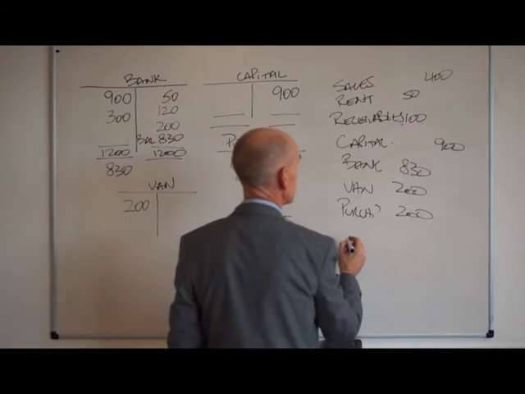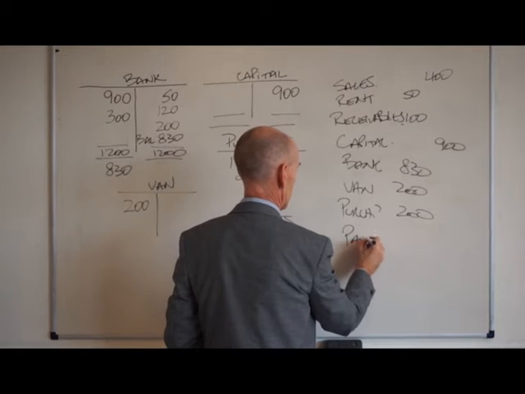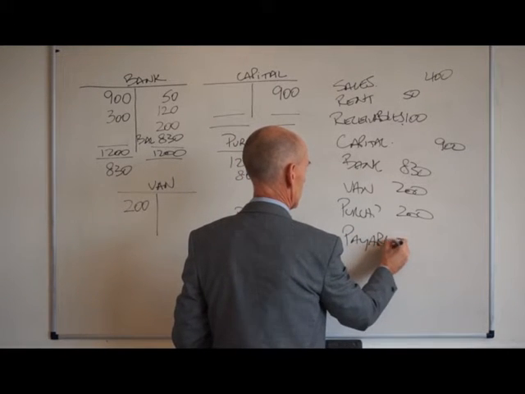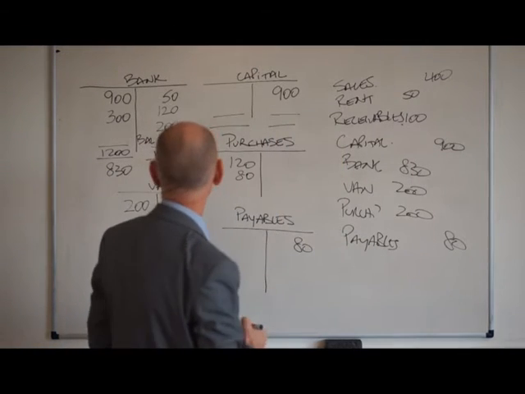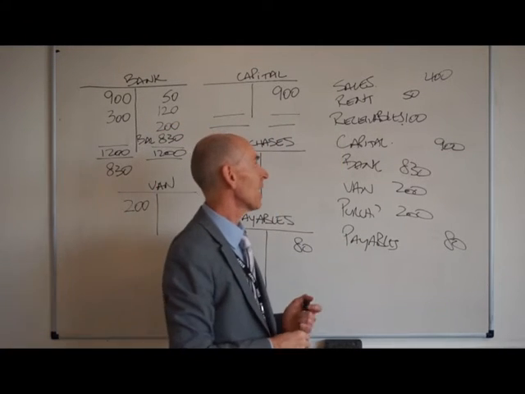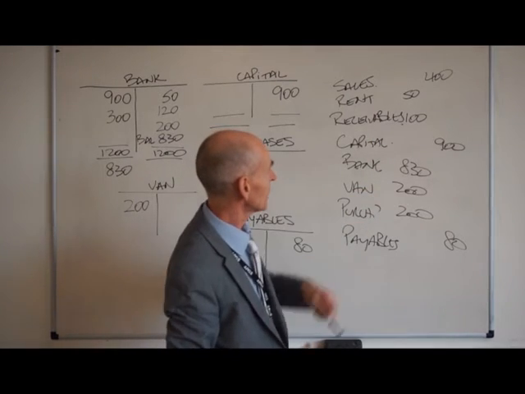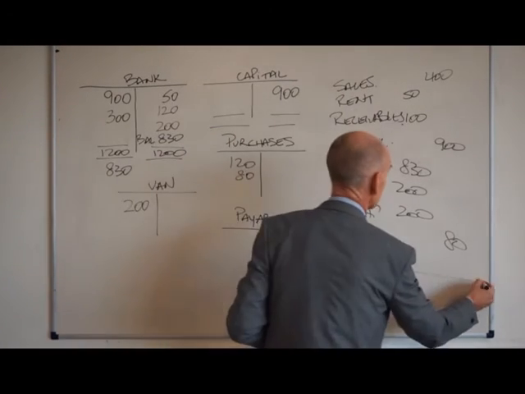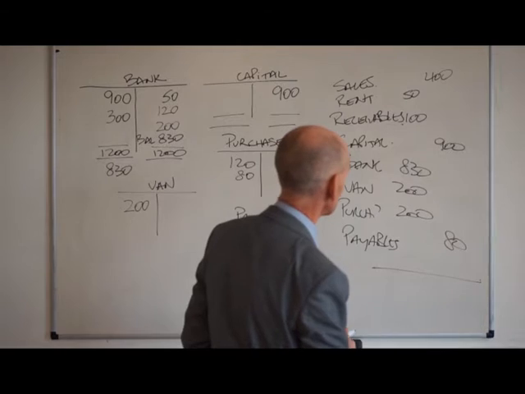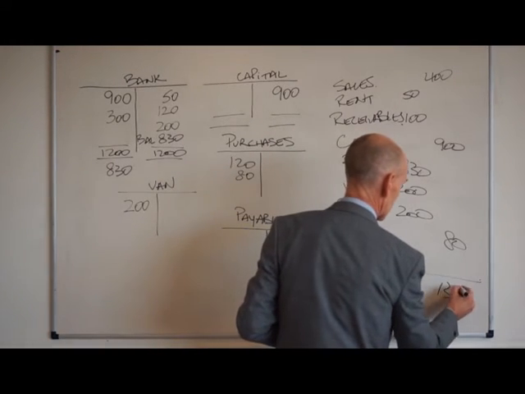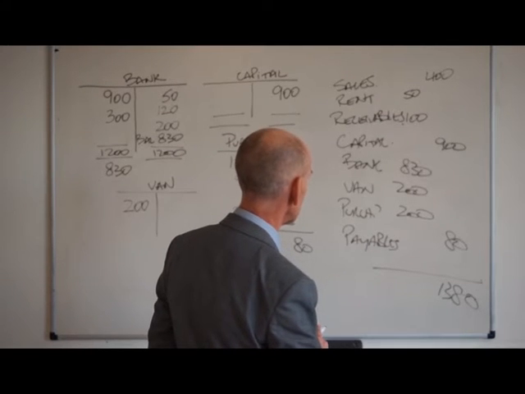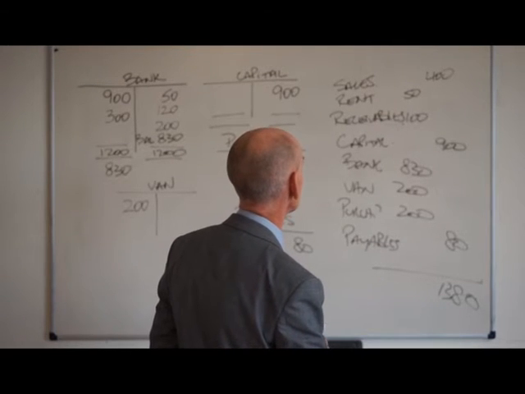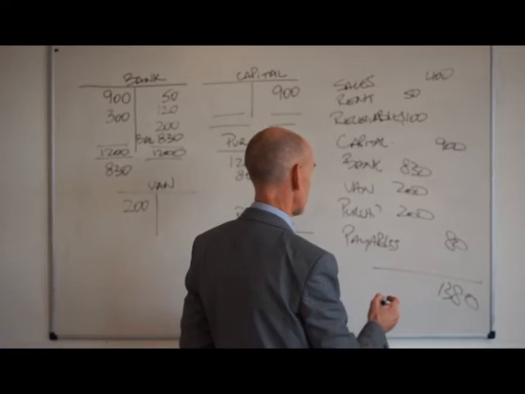Payables are 80. And if no errors have been made, hopefully the debit will equal the credit. So let's see if they do. So we've got 1380 on the credit side, and on the debit side 830, 1000, 1230, 1330, 1380.